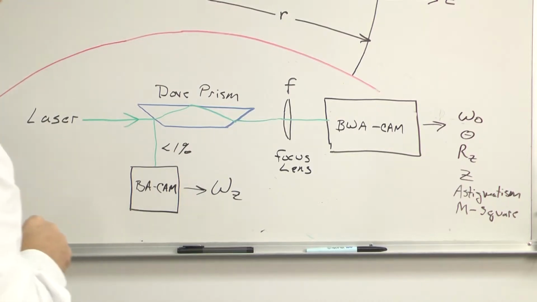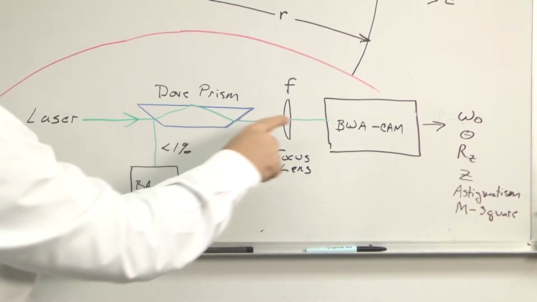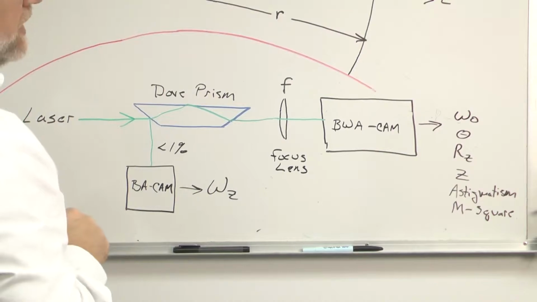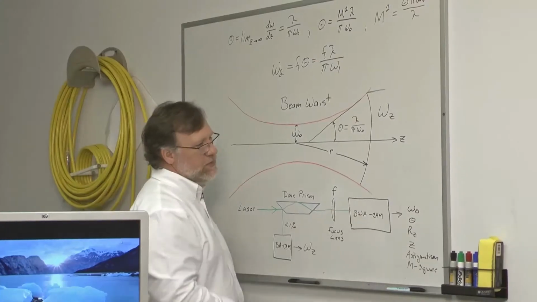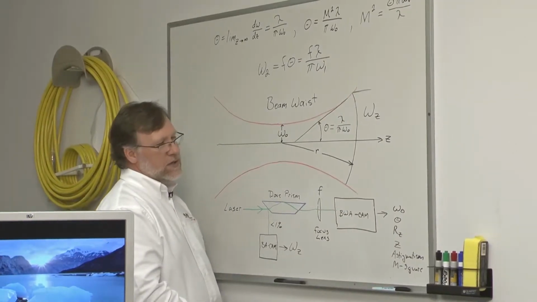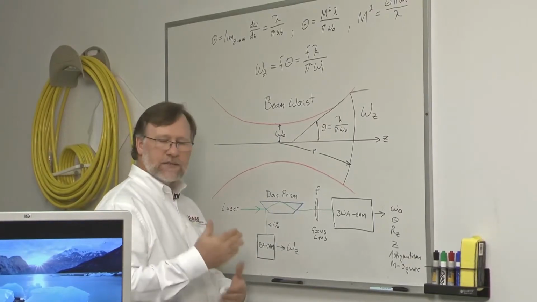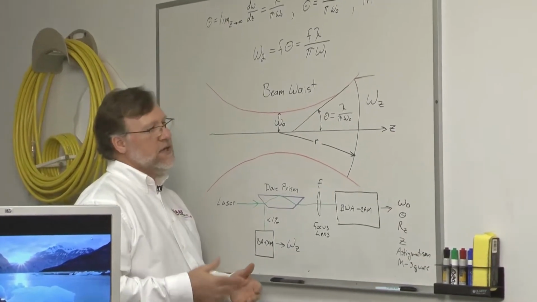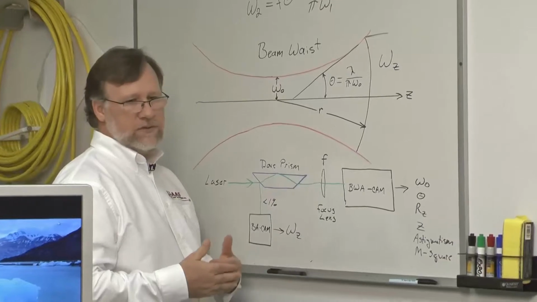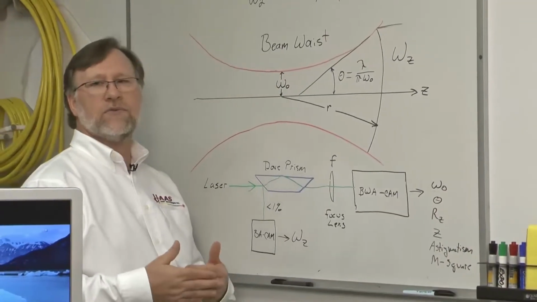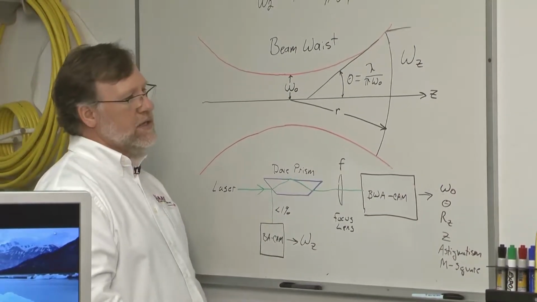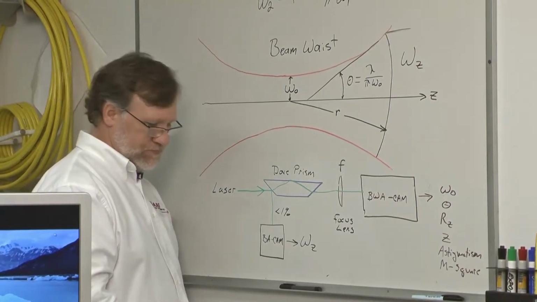Then the light coming out of the dove prism passes through a 100mm focal length lens and then into our beam waist analyzer camera that optically slices up the beam through the beam waist and simultaneously puts those images onto the sensor for an immediate measurement of the M-squared.